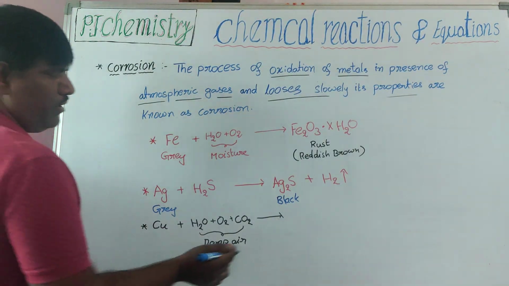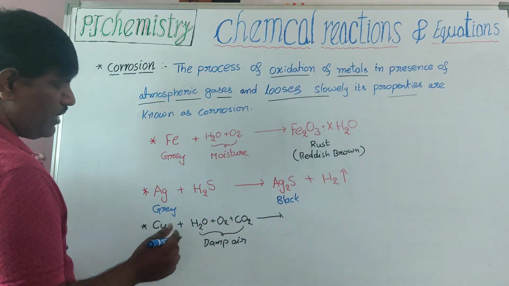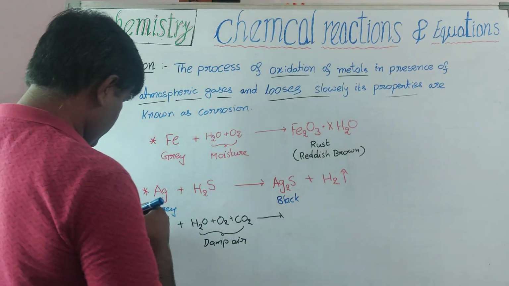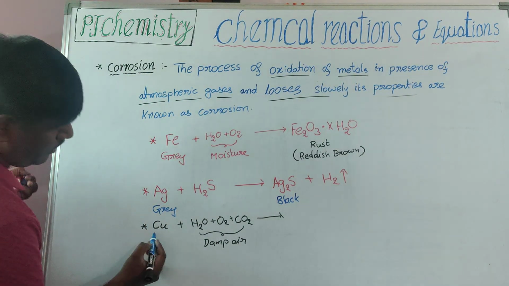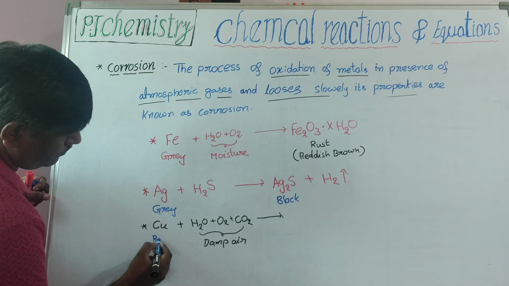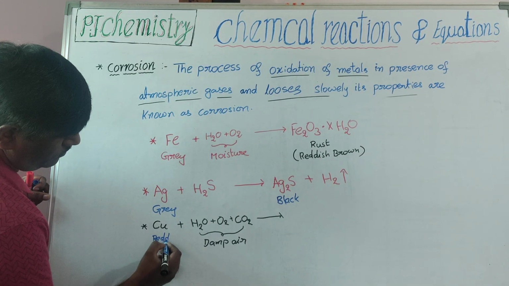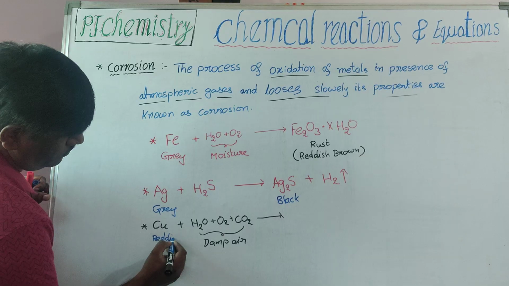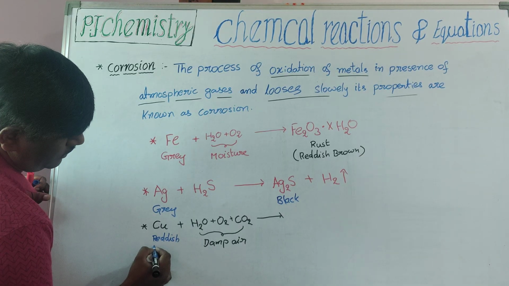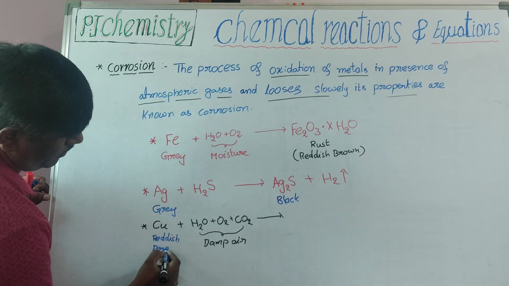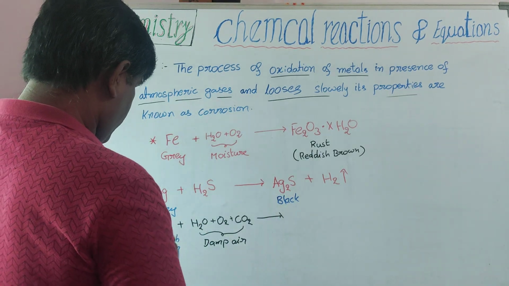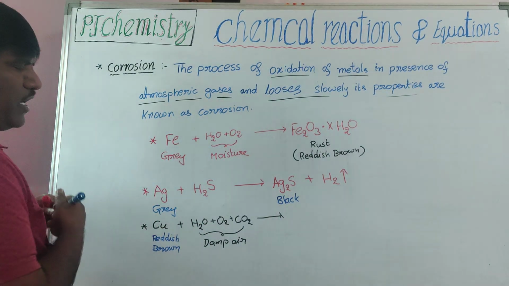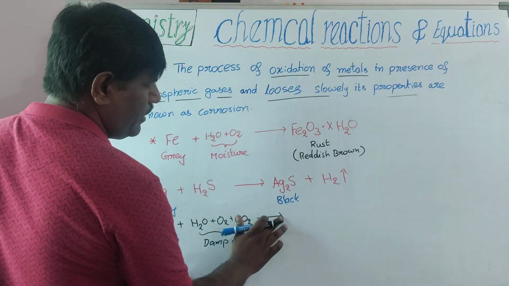Now with damp air, something will form on the surface of the copper, which is initially reddish brown. What forms is basic carbonate.